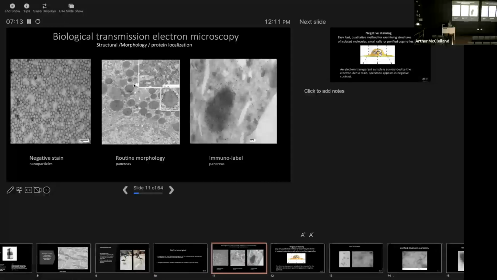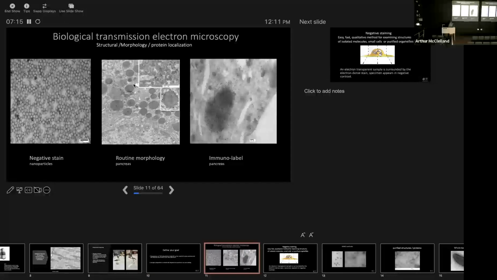So what sort of projects, what sort of questions can we ask? First, we can ask structural questions. You've got nanoparticles, you've got purified proteins, you've got purified organelles. We can look at them and ask structural questions. We can ask morphological questions.